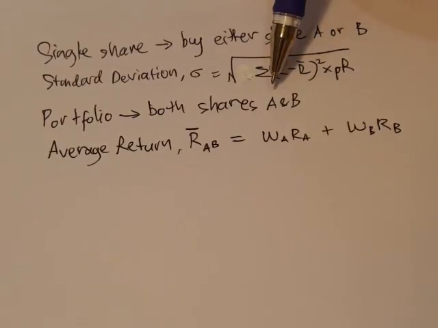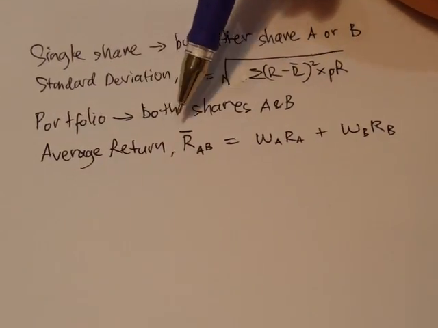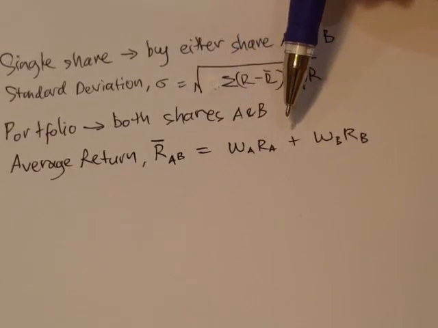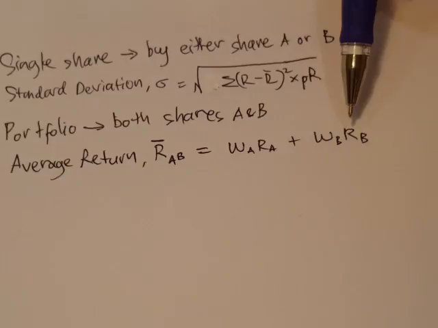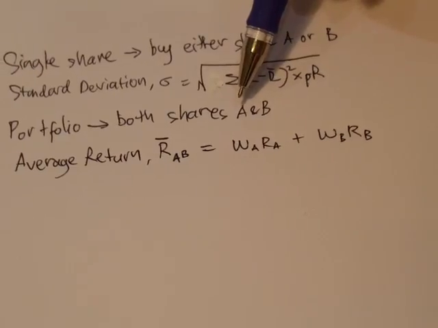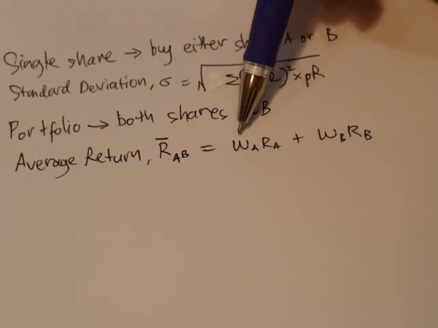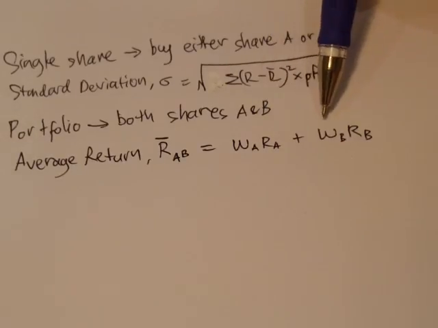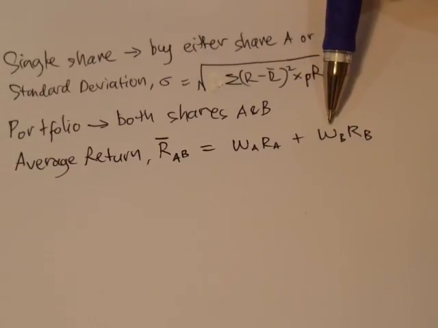So if you're given that, your average return is this formula: weight A times return A plus weight B times return B. Let's say you're buying share A with 40% of your investment, then your weight here will be 40%. The balance, 60%, is purchased with share B, then the weight B here will be 60%.